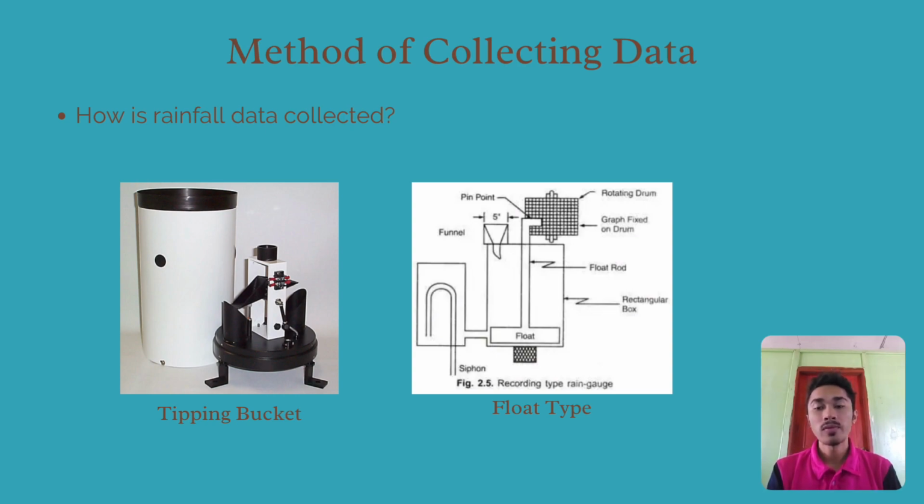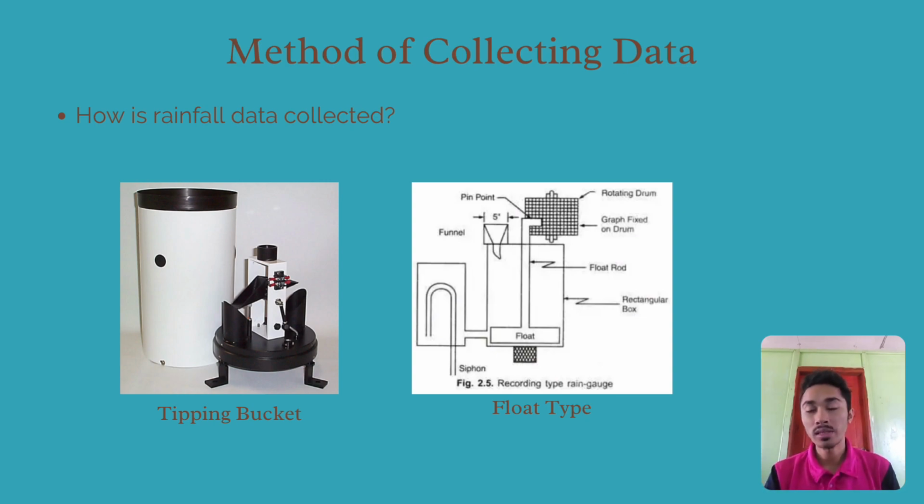The amount of rainfall is measured by reading the water level in the tube. The second type is the tipping bucket rain gauge. This is the old way to collect data without relying much on technology, and it is also accurate.